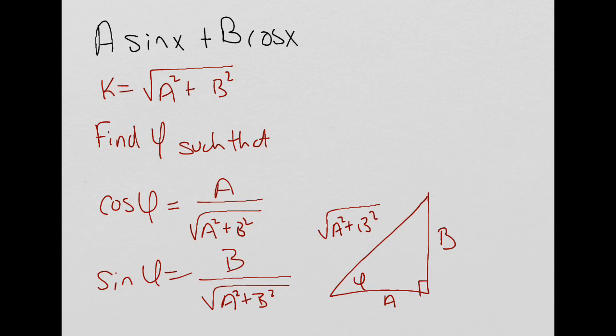If you can find that, then a sine x plus b cosine x works out to k sine of x plus phi. So, your book has a couple of examples of that, and there will be a few of those coming up in the homework. We will be moving on to section 7.3 after this.